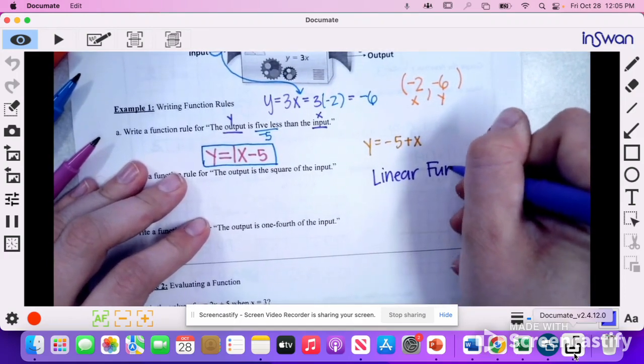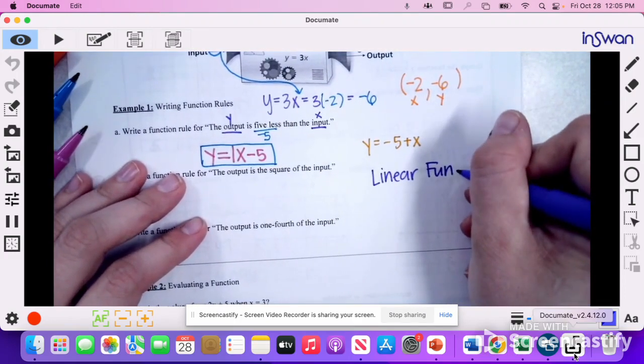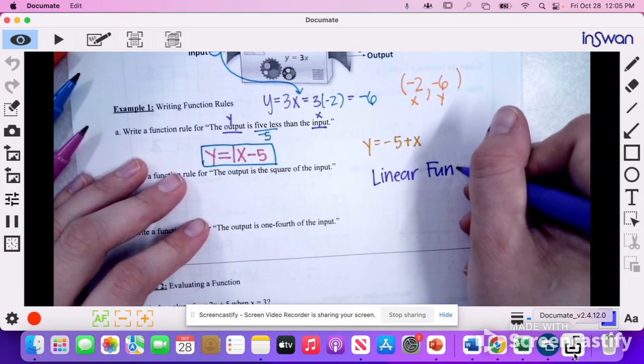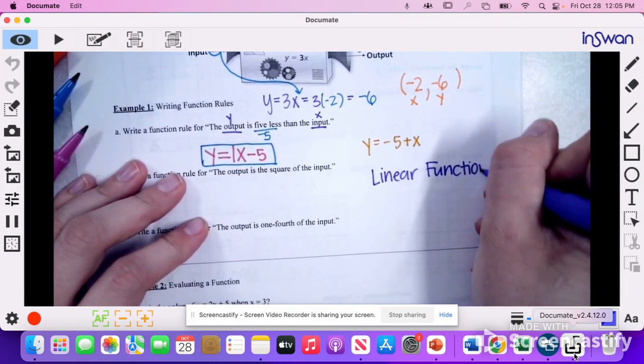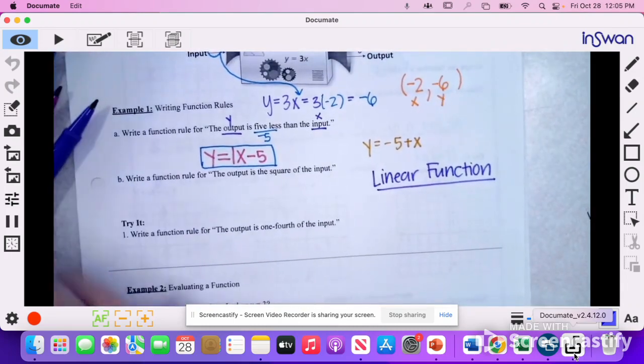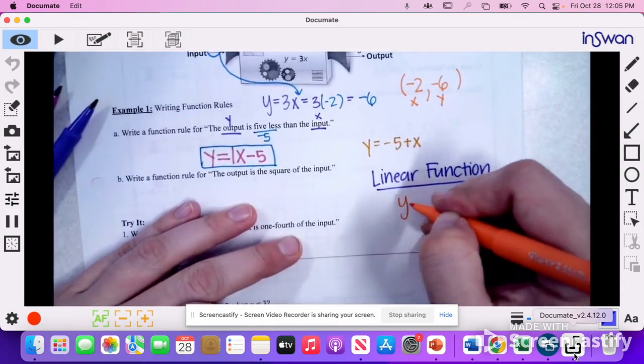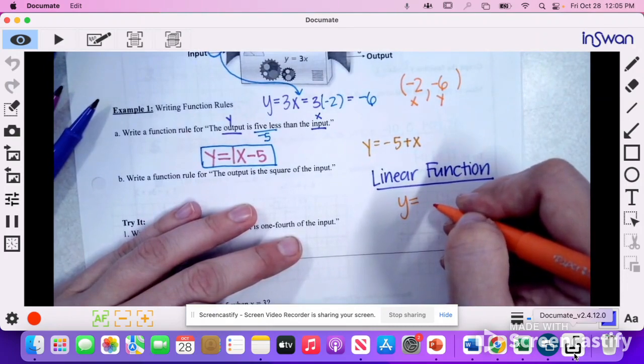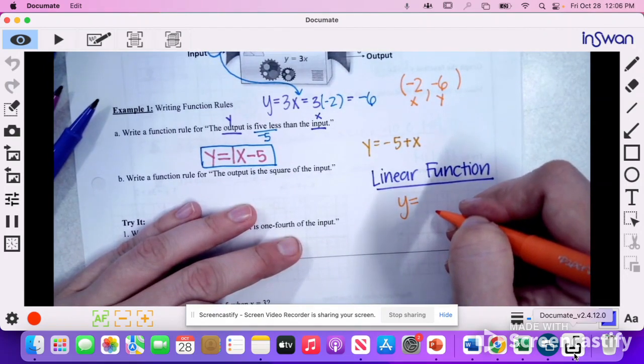And how do we write a linear function most of the time? What's its formula? Y equals what? There's an x involved.